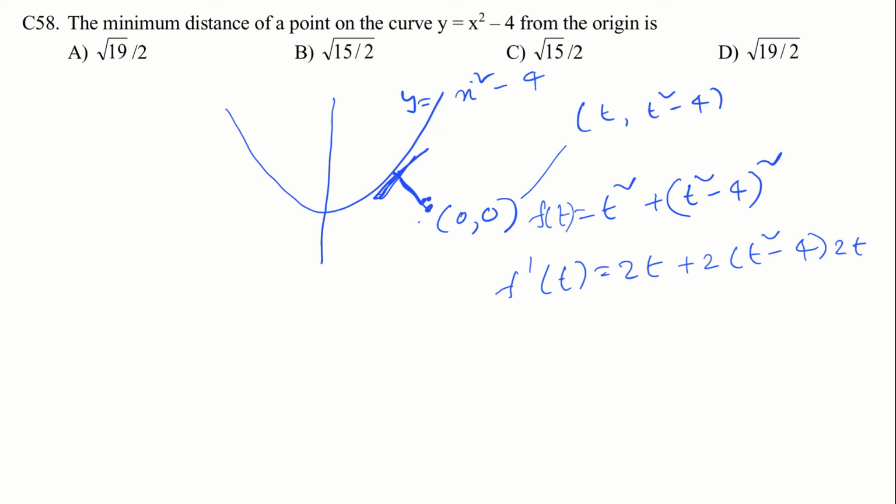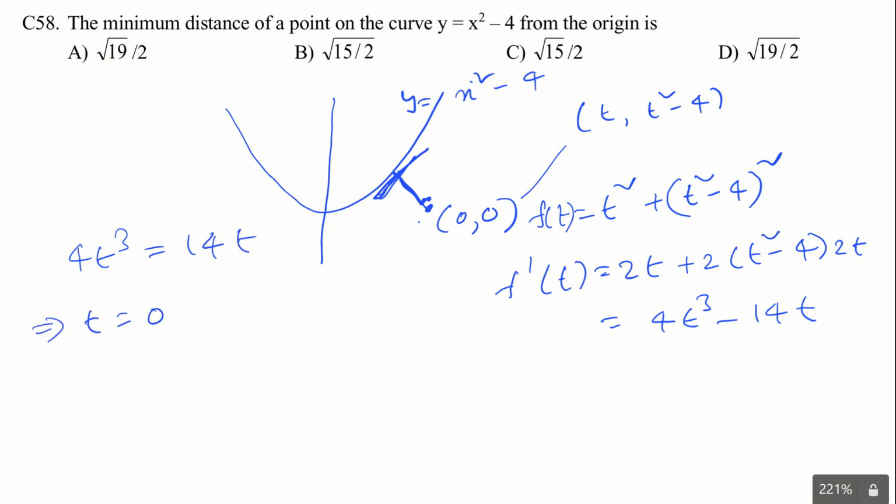Now I am getting it as 4t cube minus 14t. Now equating the derivative to 0, I'll have 4t cube is equal to 14t. From this I am getting either t equal to 0 or t square equal to 7 by 2.